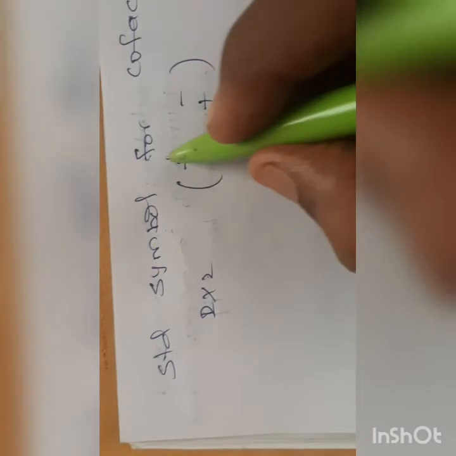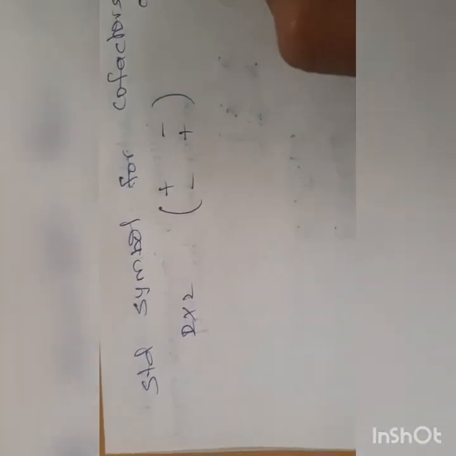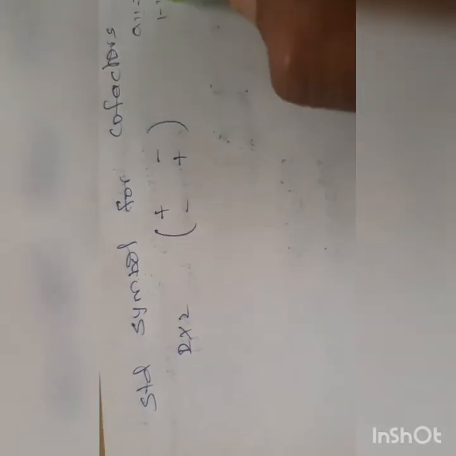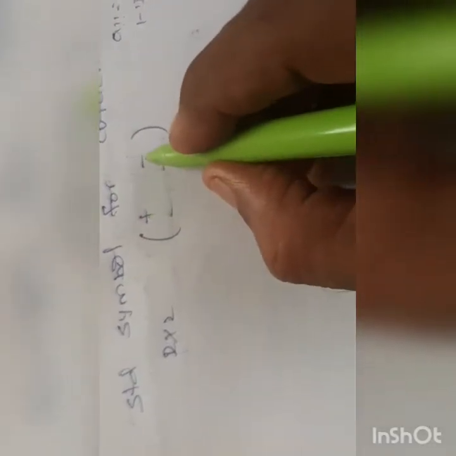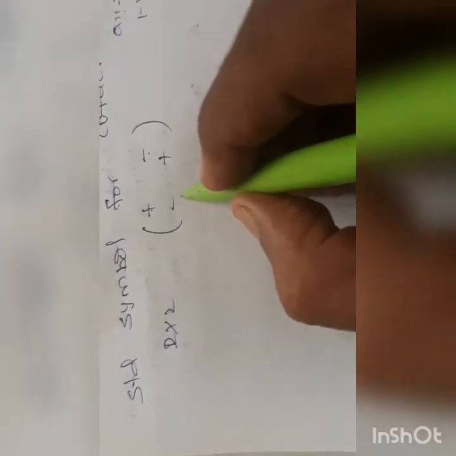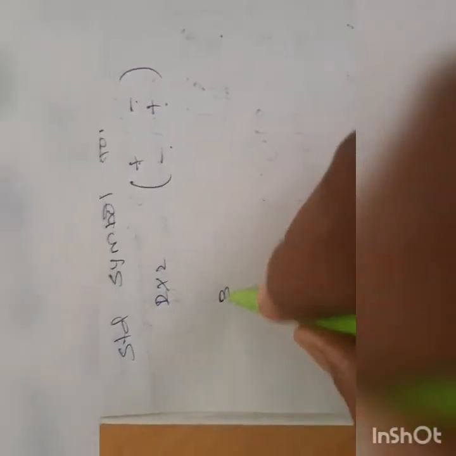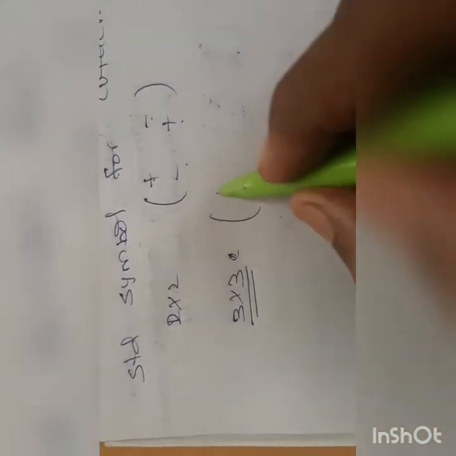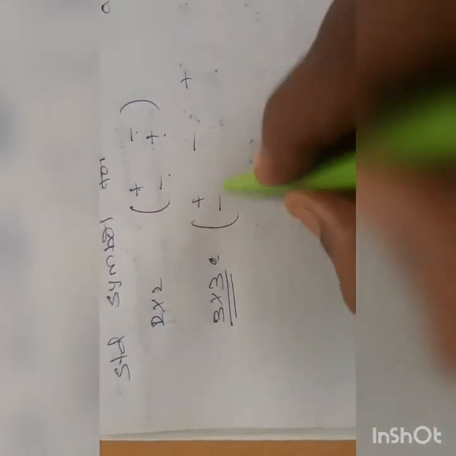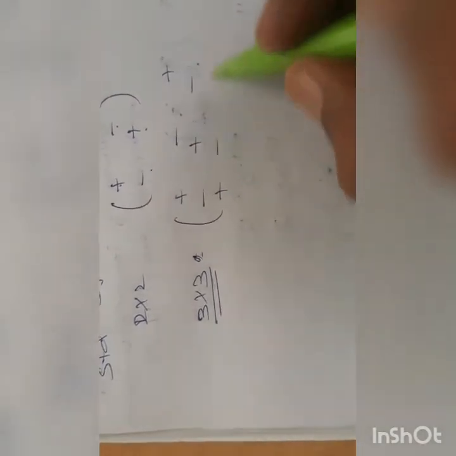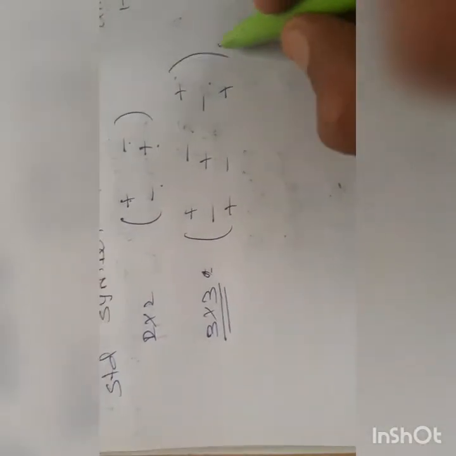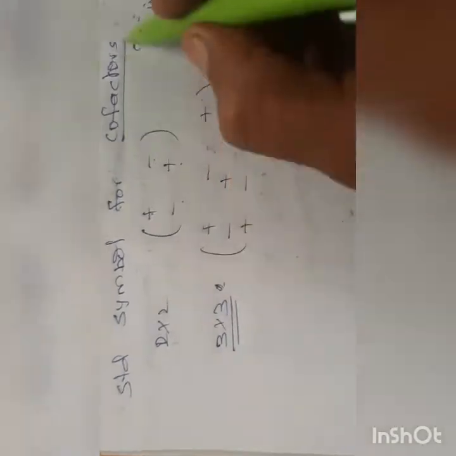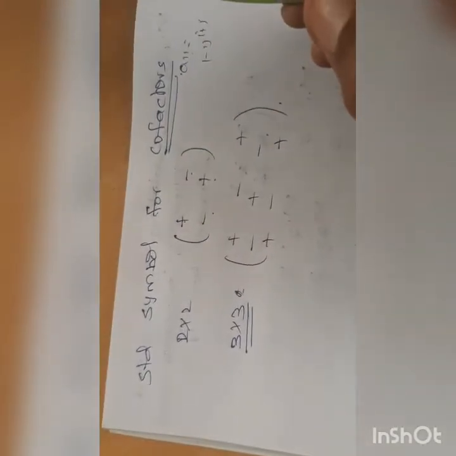Because for a11, i is 1 and j is 1, according to the formula (-1)^(i+j), 1 plus 1 is 2, we get positive. In this case, for 1 2 we get negative and positive. For 3 by 3 we get the same thing: plus minus plus, minus plus minus, plus minus plus. So this is the standard sign for finding cofactors.